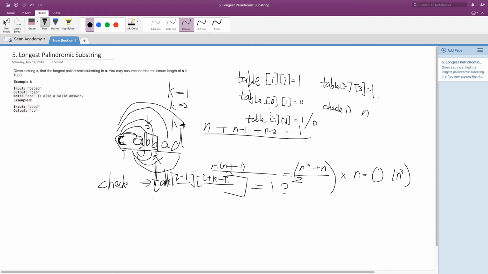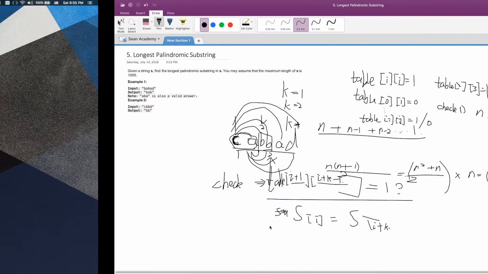If this equals 1, we will check if the string at i equals the string at i plus k minus 1.